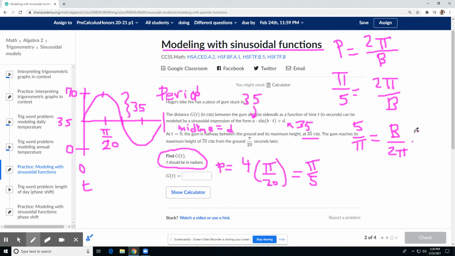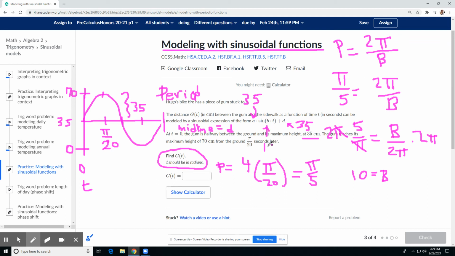And then I'll multiply by 2 pi, multiply by 2 pi, and the pi's cancel here. And I got 2 times 5 is 10 equals our b. So that's the little b right here.